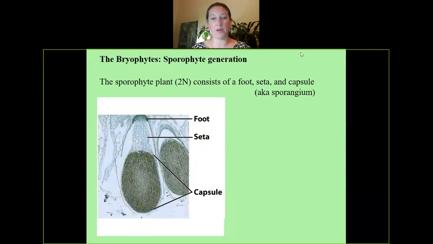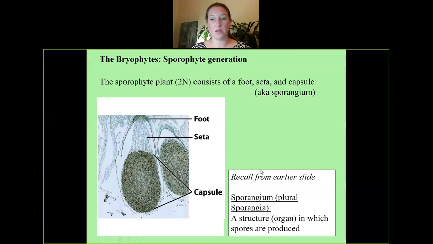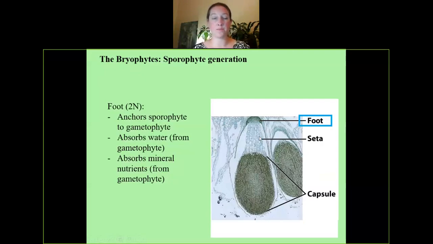So here, I think I break it down on the following slides. Yeah, I do. And so just remember from earlier, right? Sporangium, or the plural sporangia, is the structure or organ that produces the spores, right? So sometimes you might see the word capsule. Capsule and sporangium are the same thing.